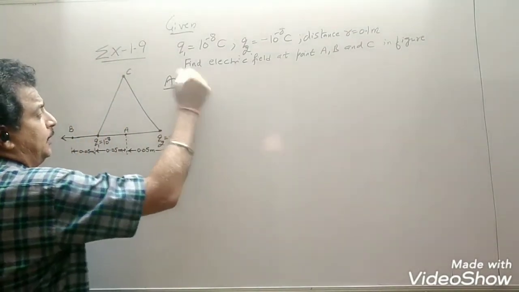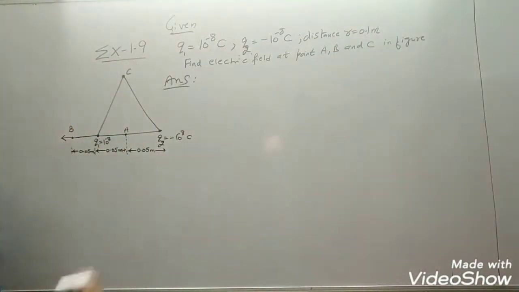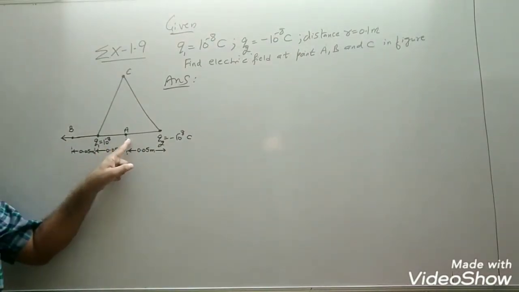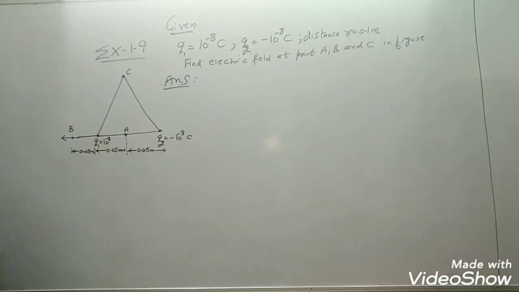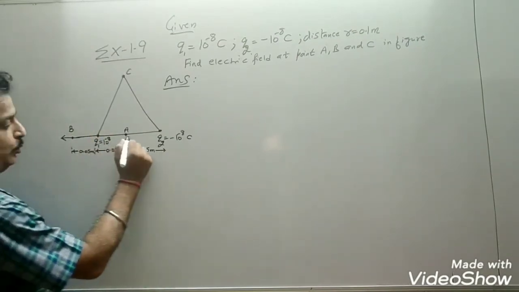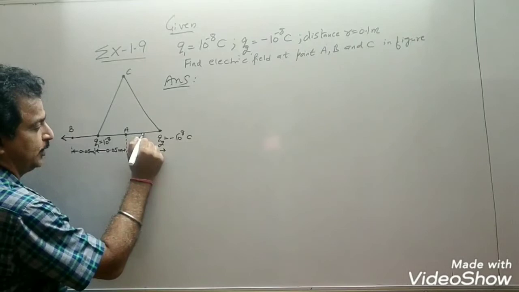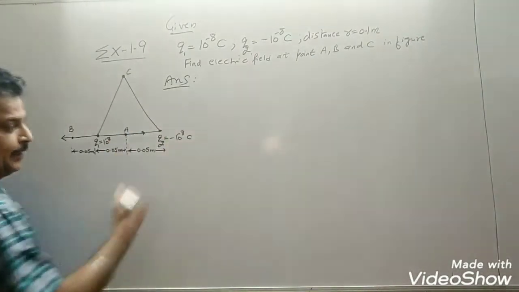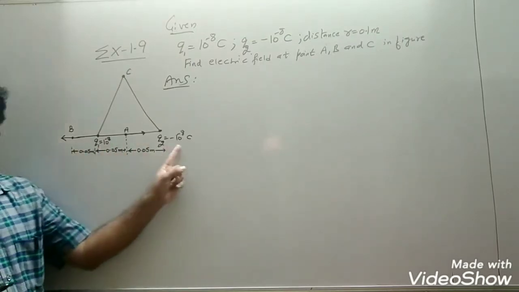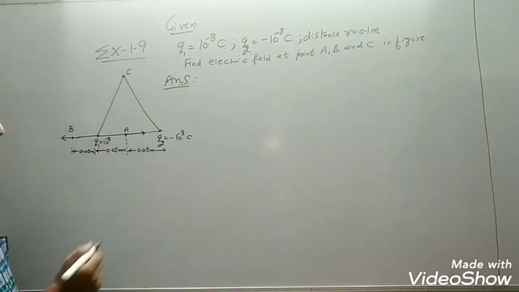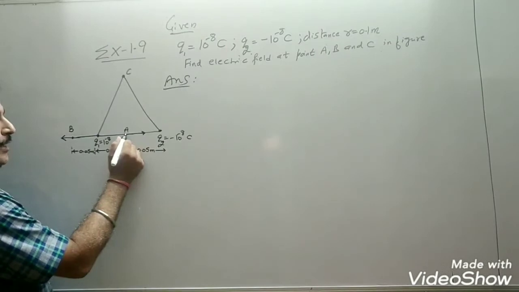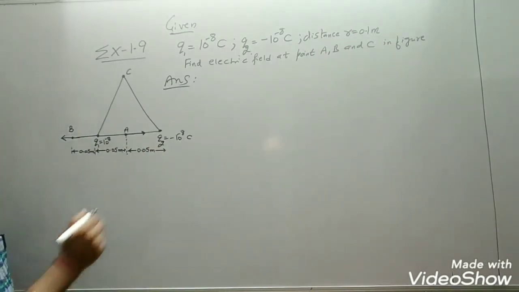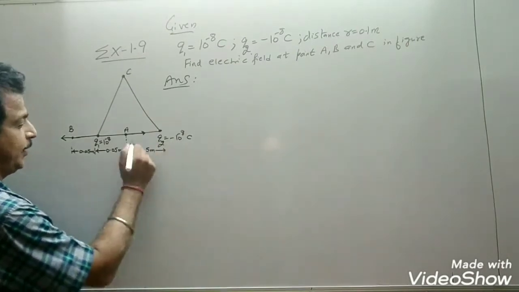Now see the diagram. At point A, if I place a unit positive charge, then since Q1 is positive, the unit positive charge will be repelled towards the right side, or towards Q2. Similarly, if the test charge is placed at A, it will be attracted by charge Q2 because the charge is negative.